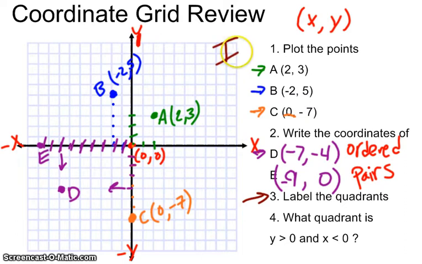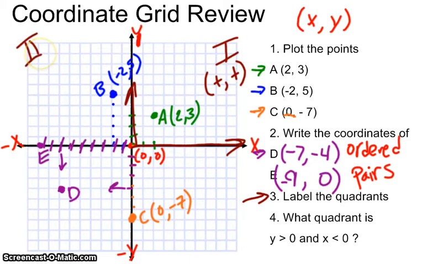Right up here, this quarter of the graph, is called quadrant 1. We mark that with a Roman numeral I for 1. In quadrant 1, all of the x-coordinates and all of the y-coordinates are positive. So we've got a positive x and a positive y. Okay.